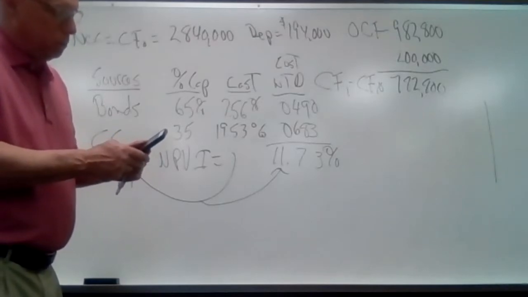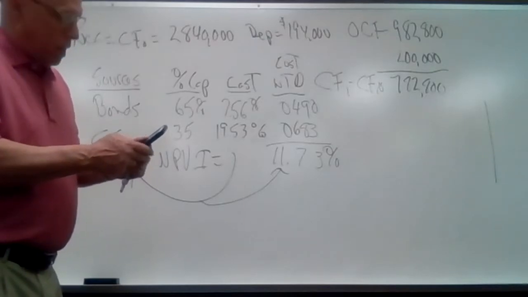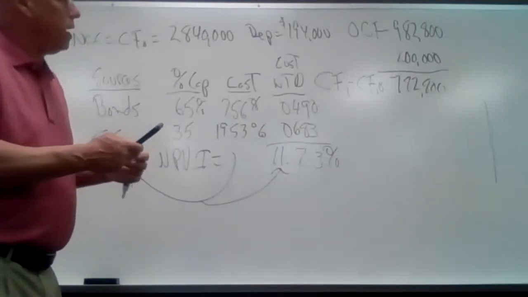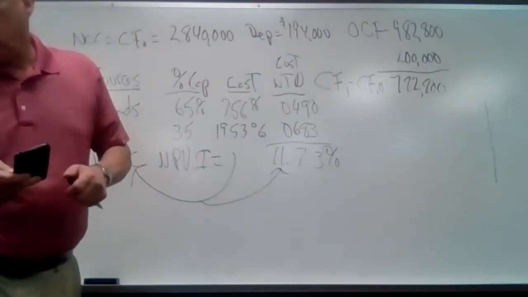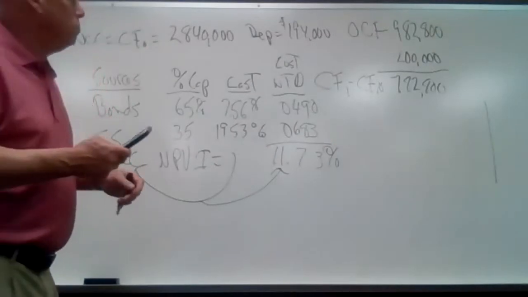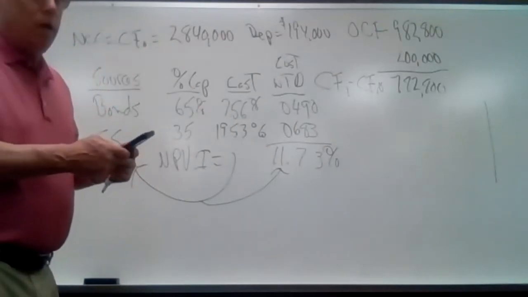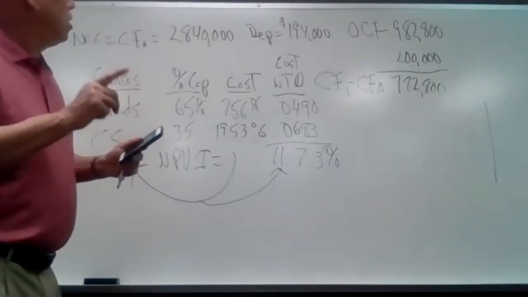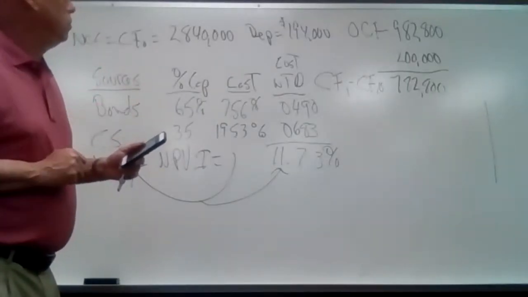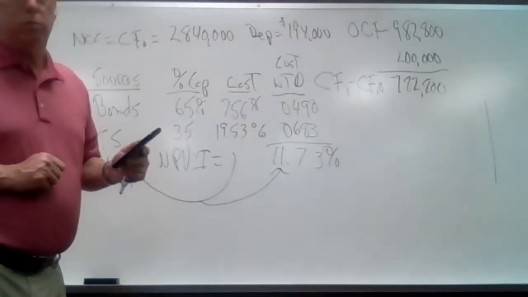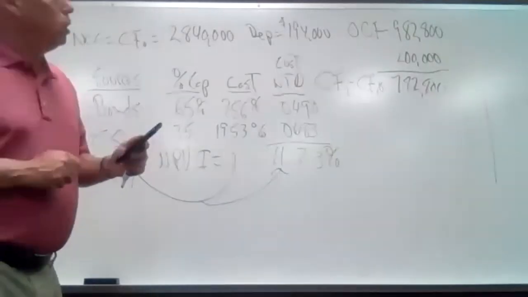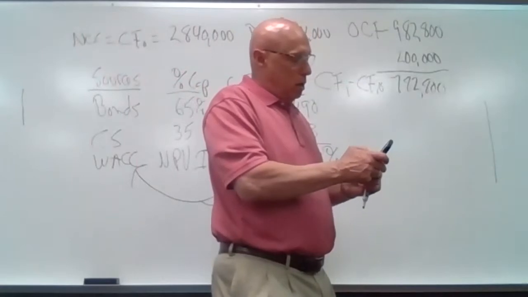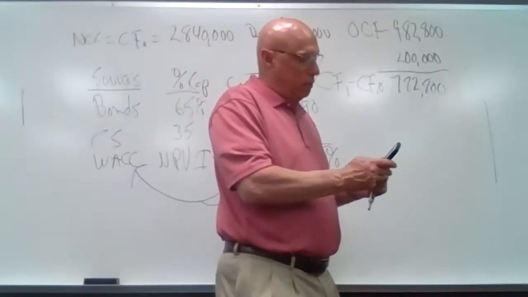C01 is $782,800. Okay, and enter, down arrow. How many times are we going to get that? Well, we're going to get that 9 times, because in the last year, we're going to recover our net working capital of 900,000. So we're going to say F01 is equal to 9.